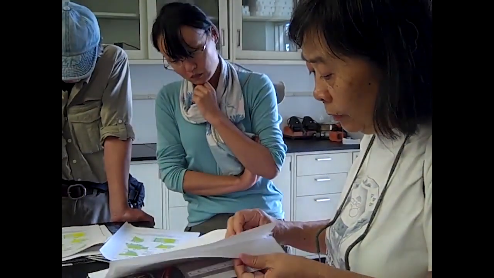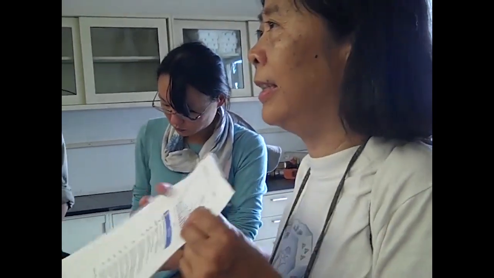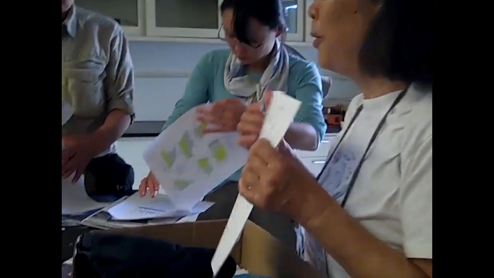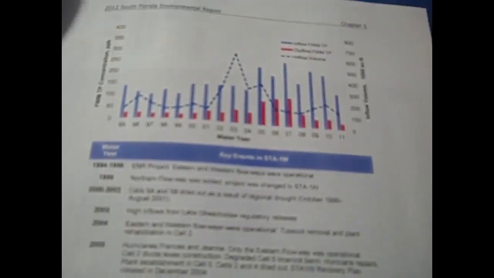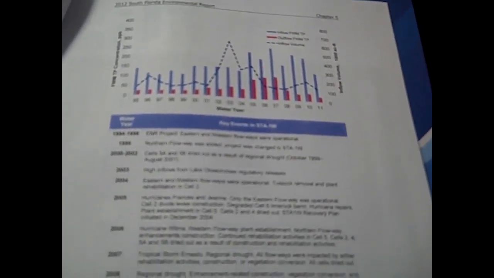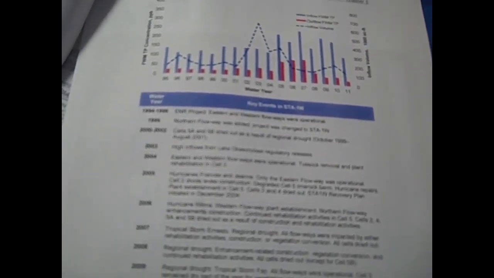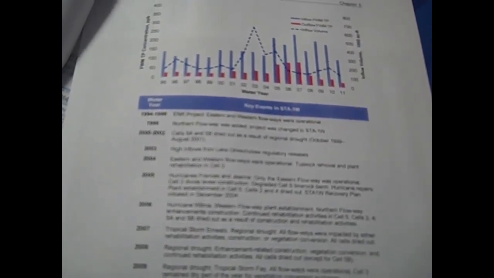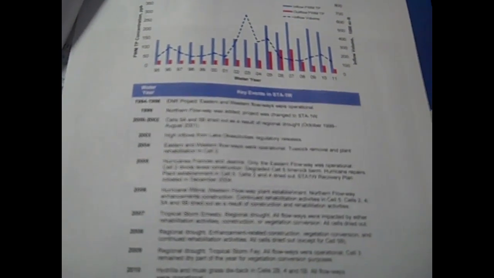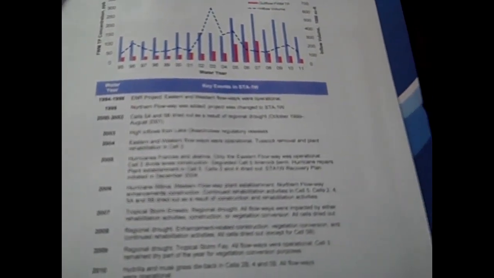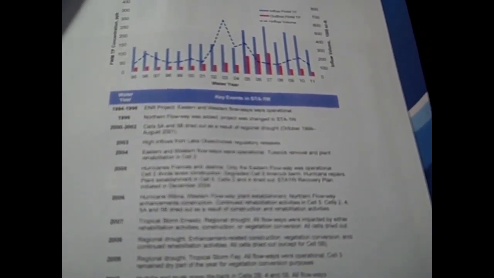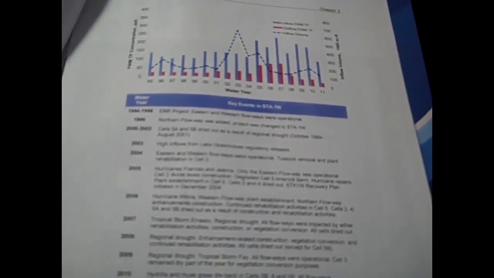You see, I use the next page. So if someone wants to look at the data, this is what I made a copy from. By the way, I made the copy from our 2012 South Florida Environmental Report, because every year every district has this report, the book.